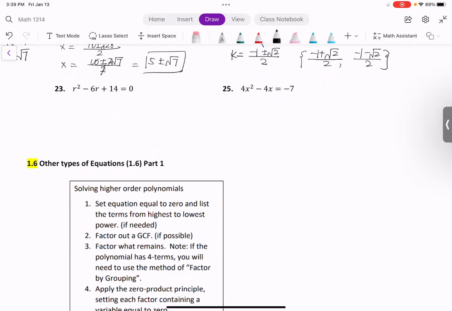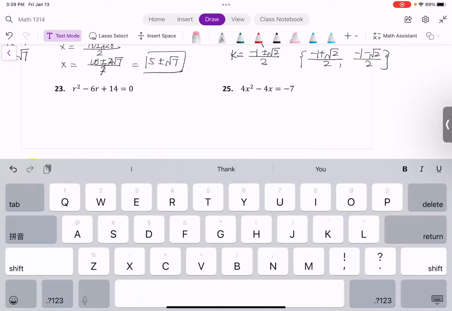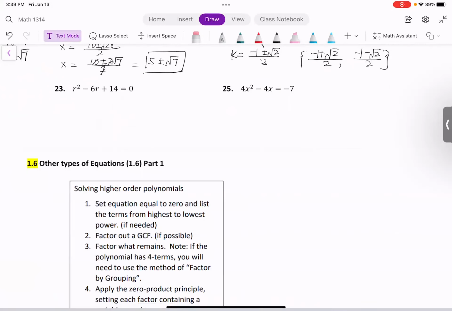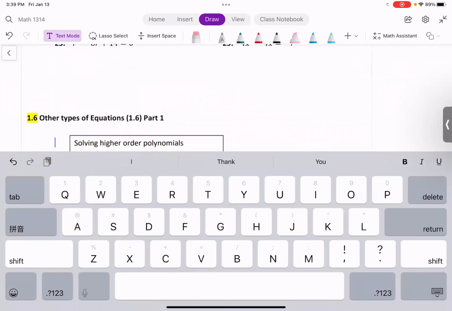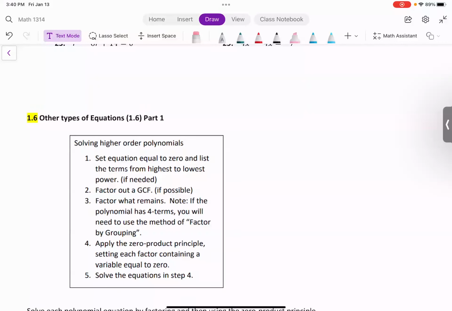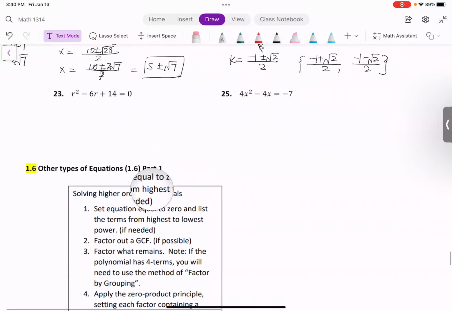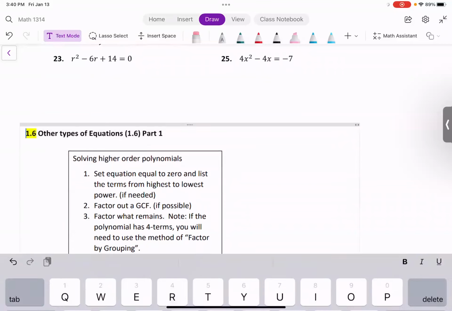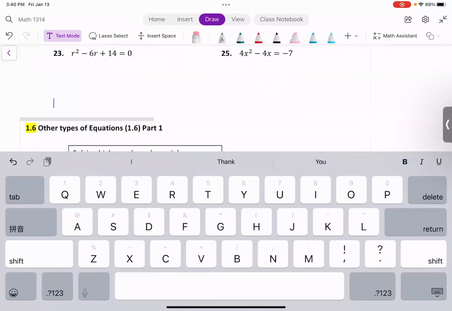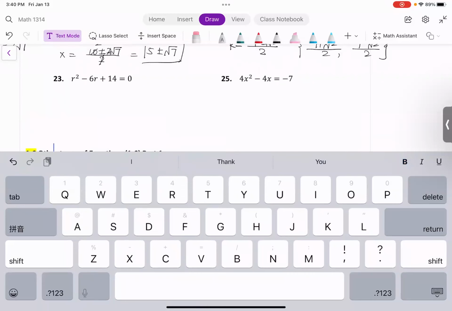I need more space. Let's put some space here. It's not moving. Let me see. Drag this away. Oh, it doesn't work.